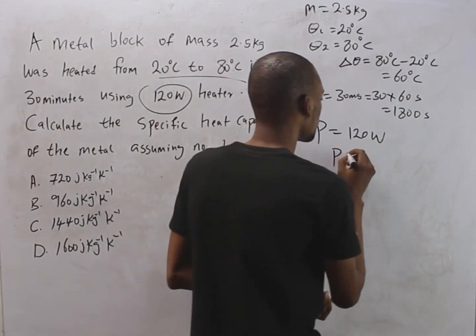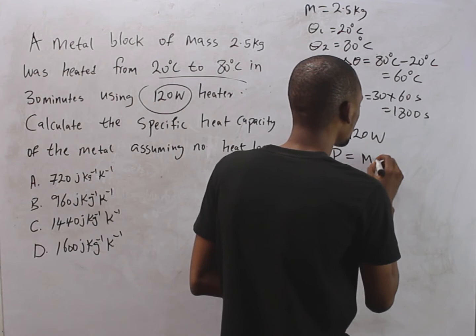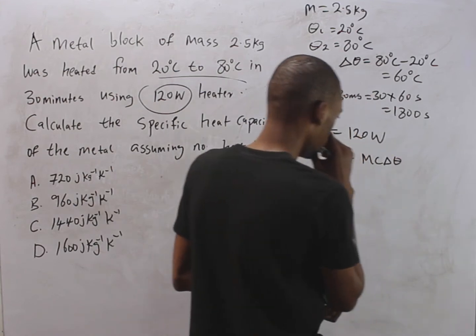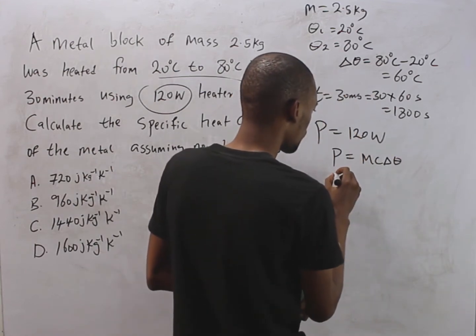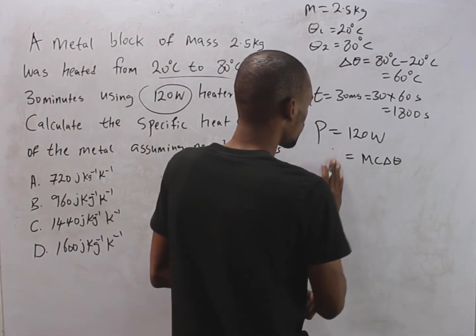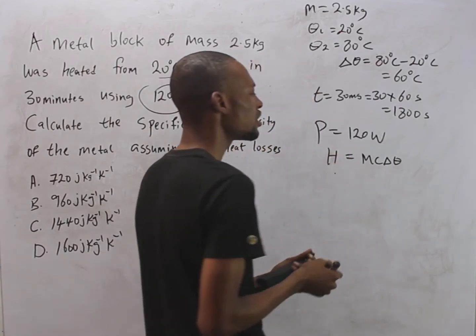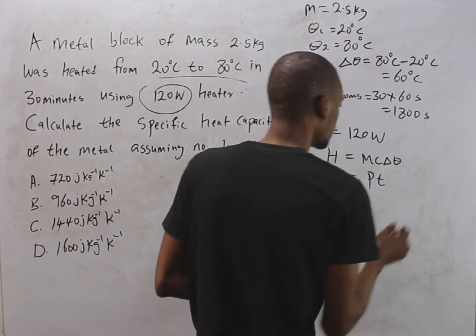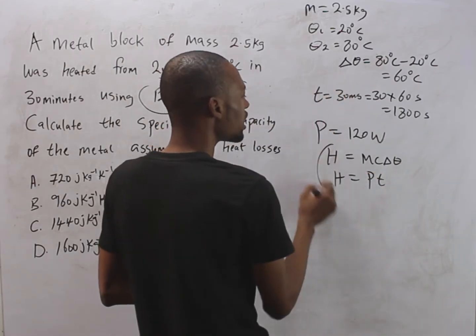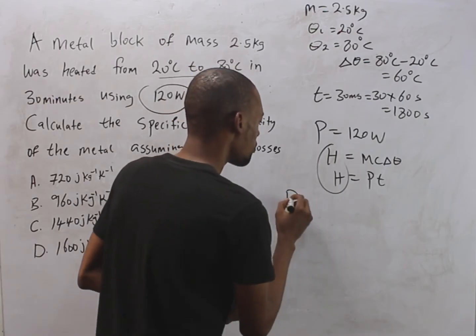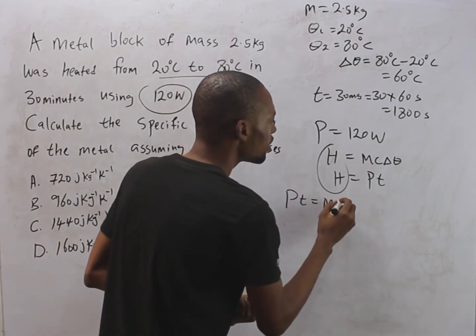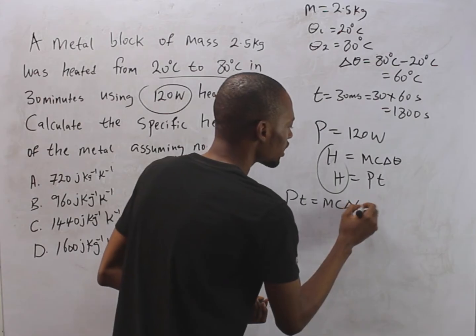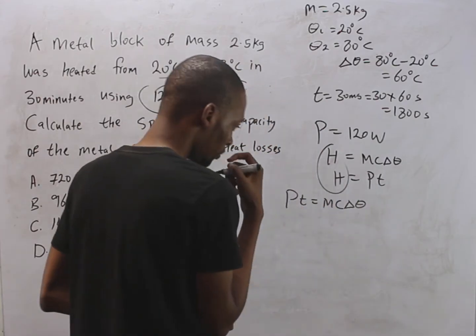Remember, H equals mc change in theta. H equals power times time. So power times time equals M, specific heat capacity, times change in temperature.